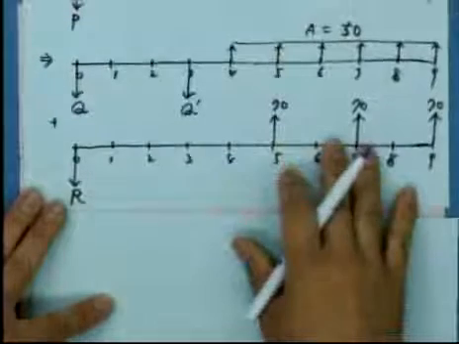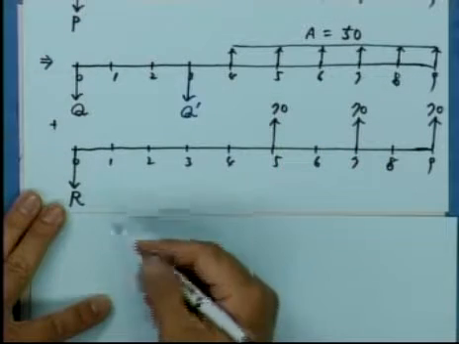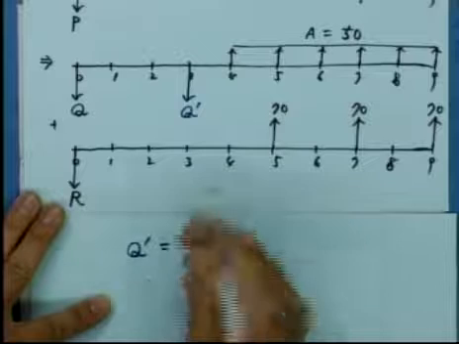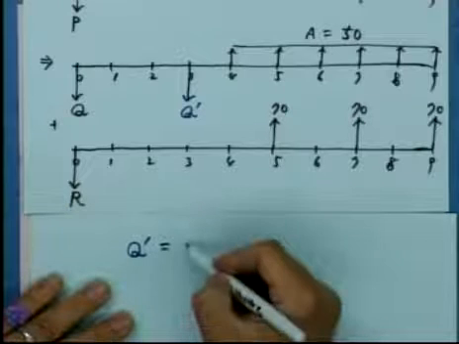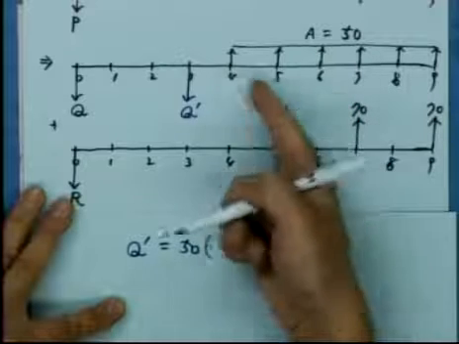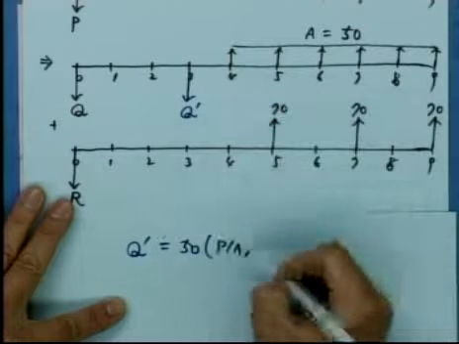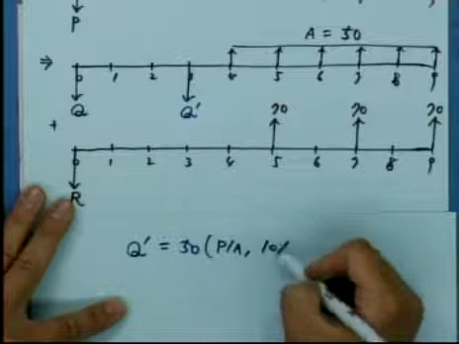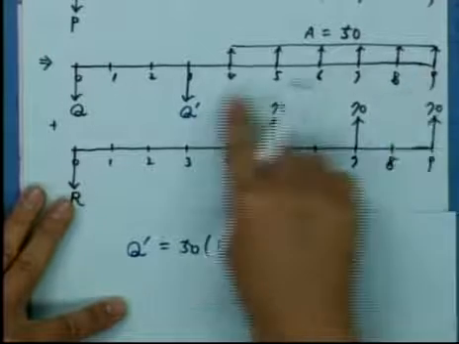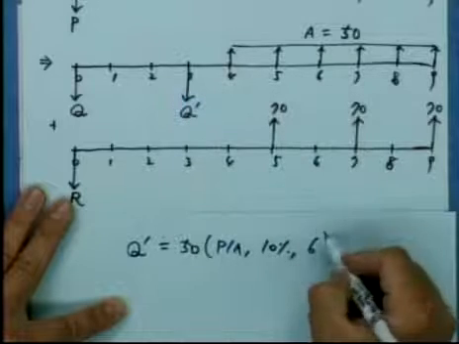So here Q prime equals 50 times P given A, 10% of interest rate over how many periods? 3 to 9 is 6 periods, right?